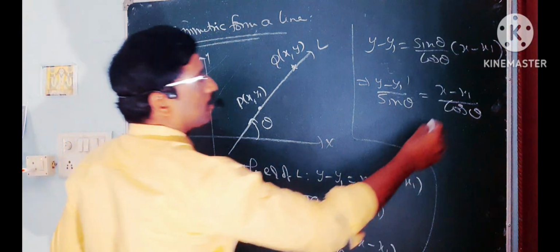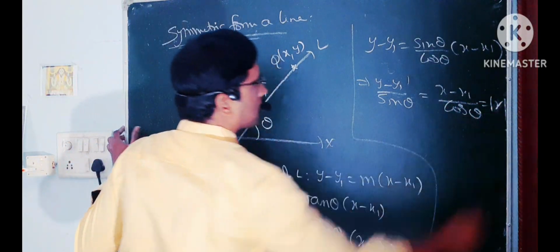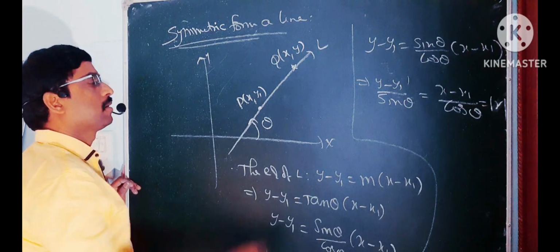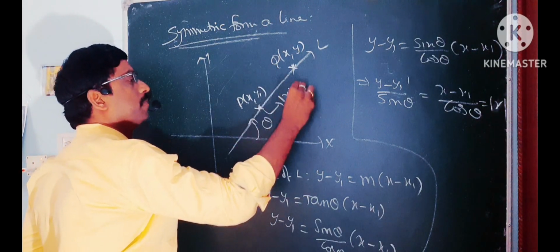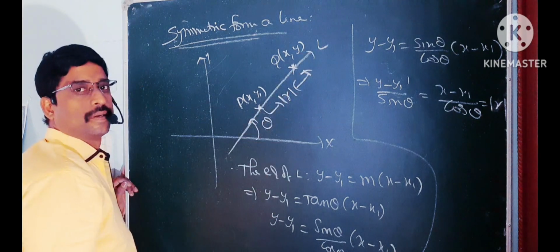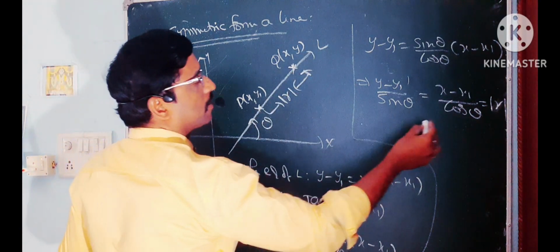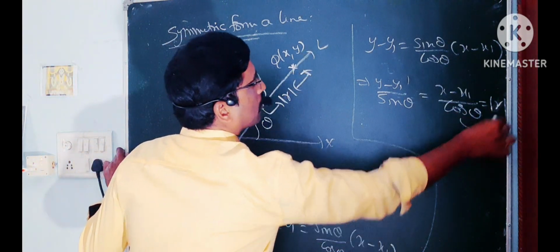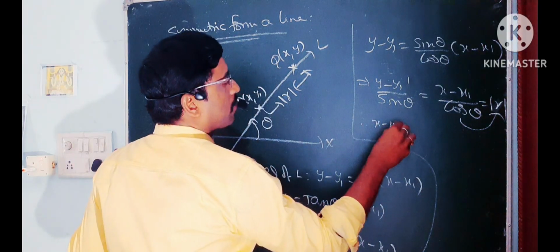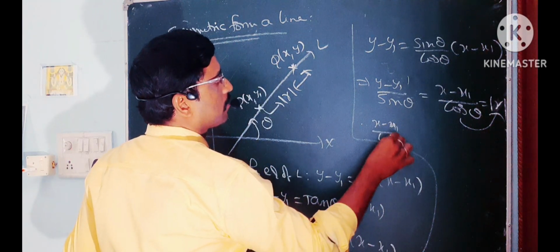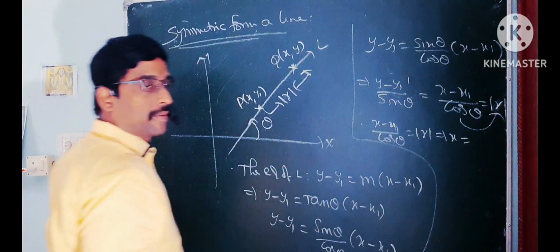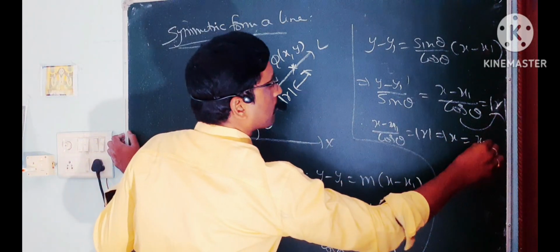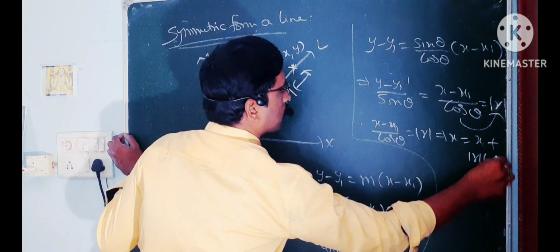Let us take modulus of r, which represents the distance between P and Q. Now equating (x minus x1) by cos theta to modulus of r, x is equal to x1 plus mod r cos theta.